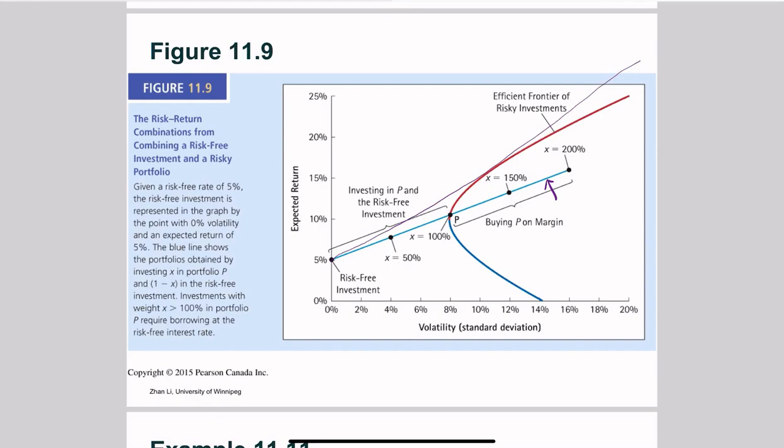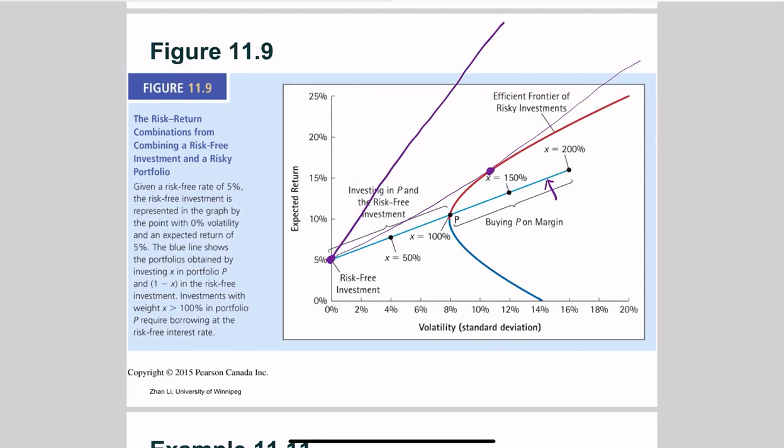In this case, you're investing in the risk-free investment and a portfolio like this. You might want to say, okay, if I draw a line like this, it's even better, right?